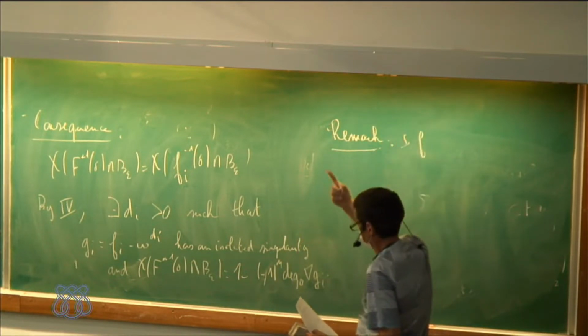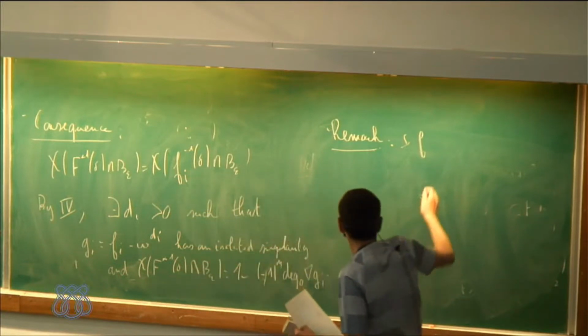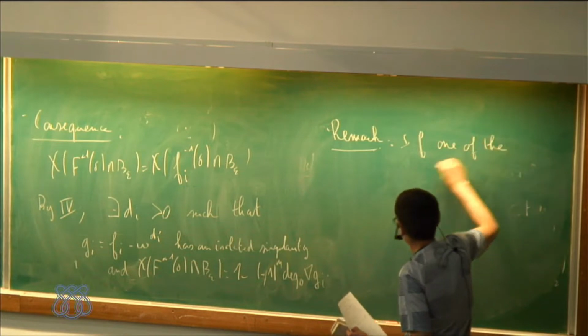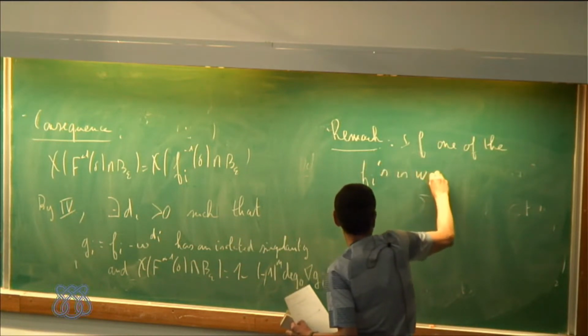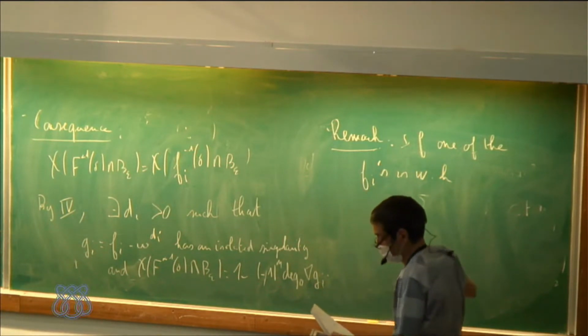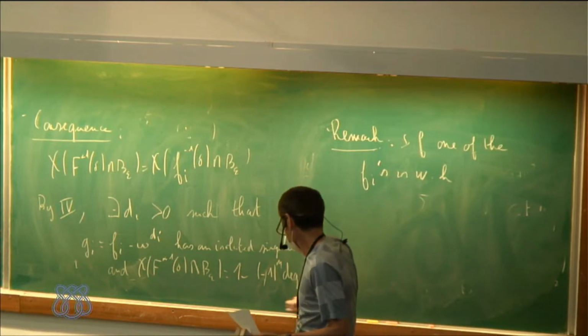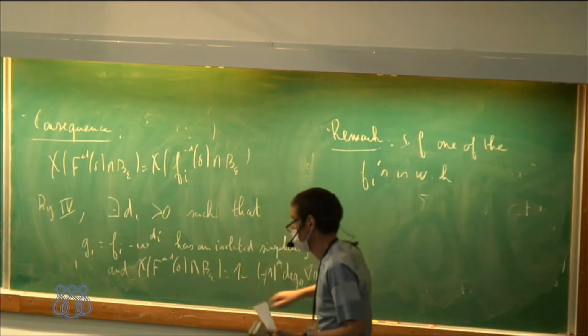It's enough to have one, which is weighted homogeneous. If one of the Fi is weighted homogeneous, then we can get a signature formula, an algebraic formula for this.